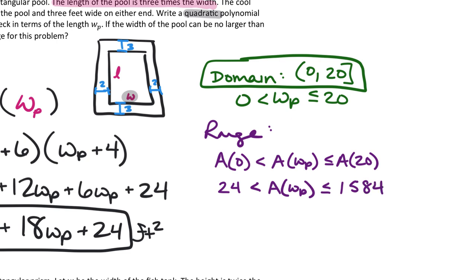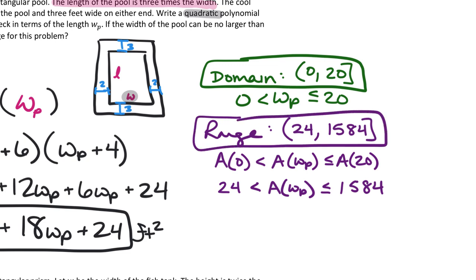So for the area of the pool, the range would be just larger than 24, all the way up to 1,584. And if you're in physics, because I want to help my physics friends out, this is square feet. Units are important. Because we have a width as our input, that's feet. We have an area as our output, that's square feet.